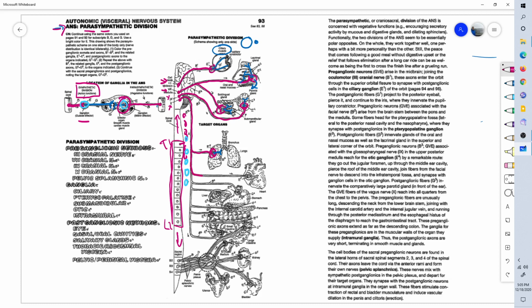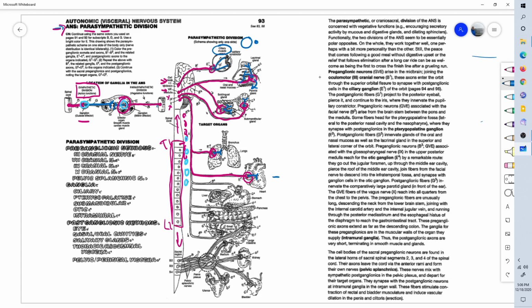And the vagus nerve will again branch off to a postganglionic neuron. First, the ganglion inside the heart, and then a very short postganglionic neuron. What's it telling the heart to do? What does the stimulation of the heart do?